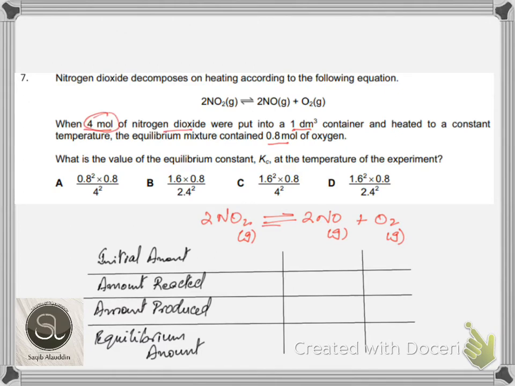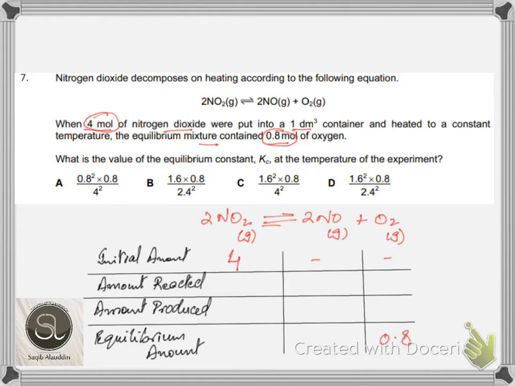So initially we had 4 moles of nitrogen dioxide, and we had nothing of NO and nothing of O2. It also says the equilibrium mixture contained 0.8 moles of oxygen. So at equilibrium we had 0.8 moles of oxygen.